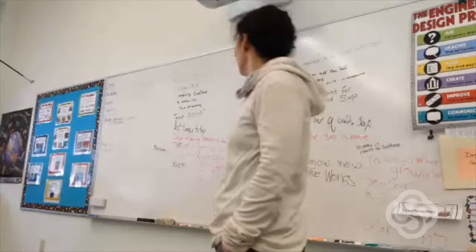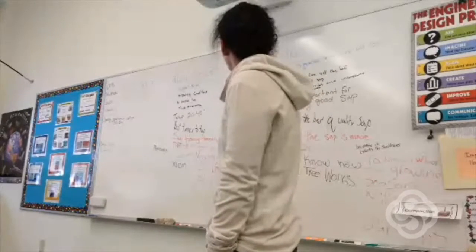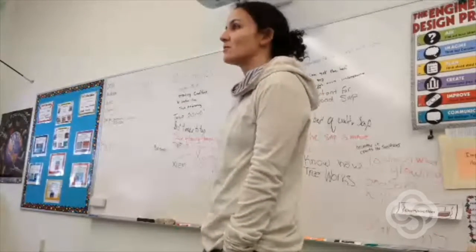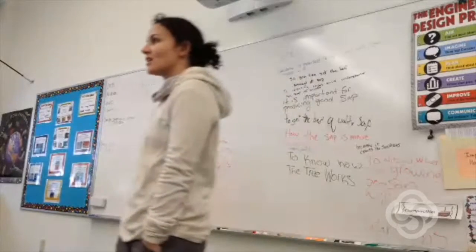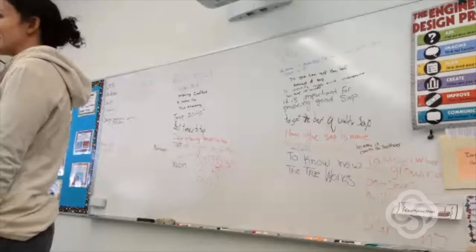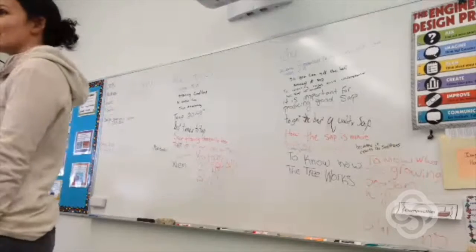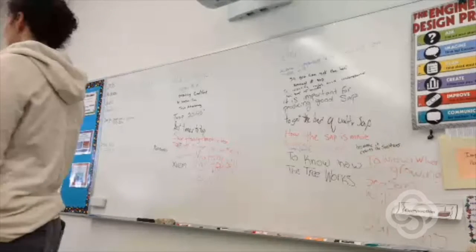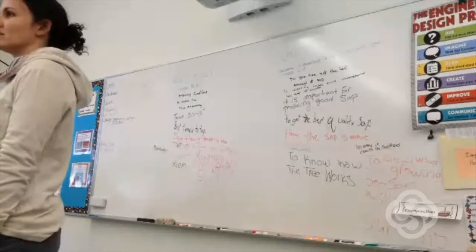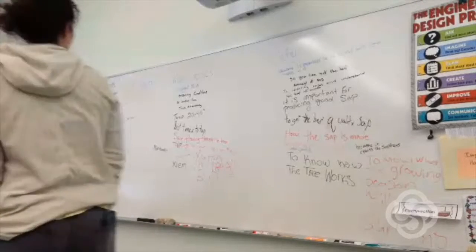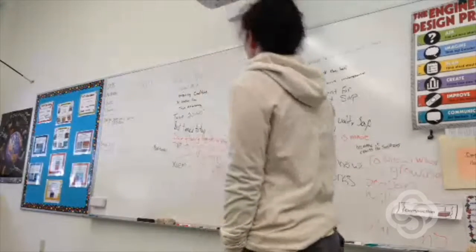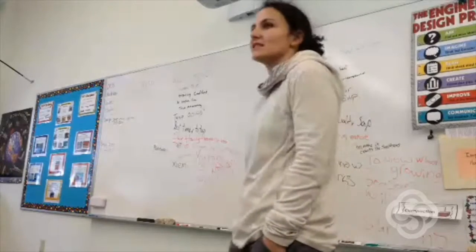Good job, you guys. That's perfect. All right. Anything else you guys learned about the sugar bush that you wanted to share? Any questions about it? Have you guys all heard that term before? Yeah? All right.